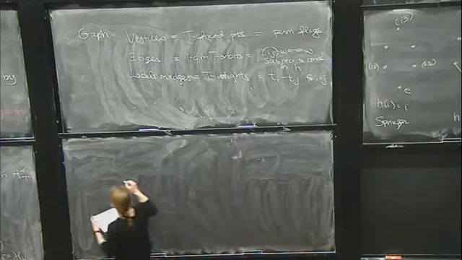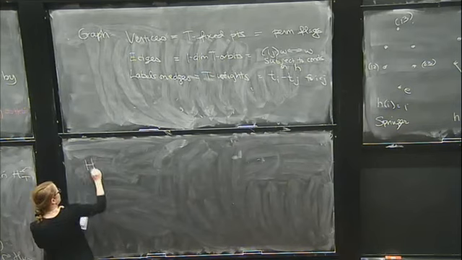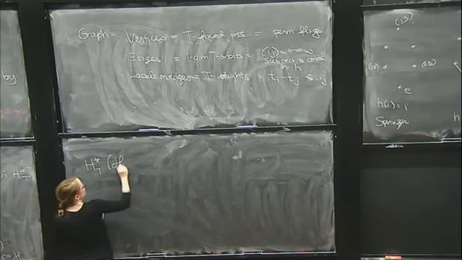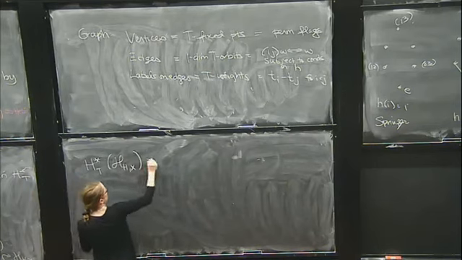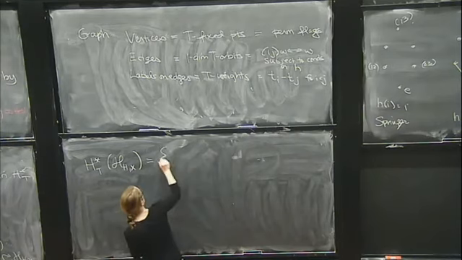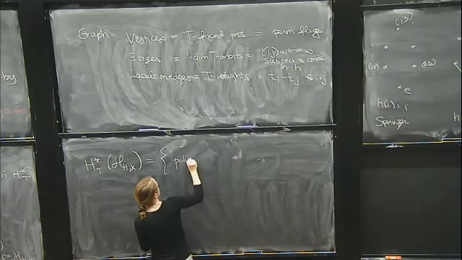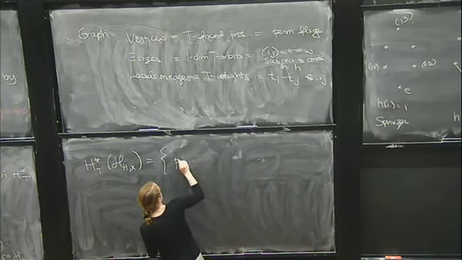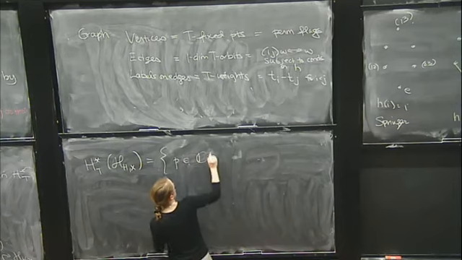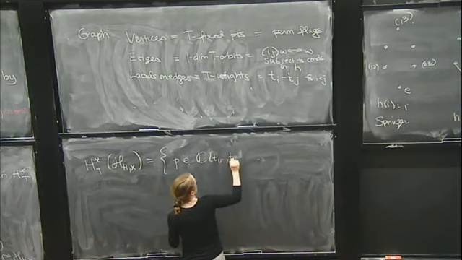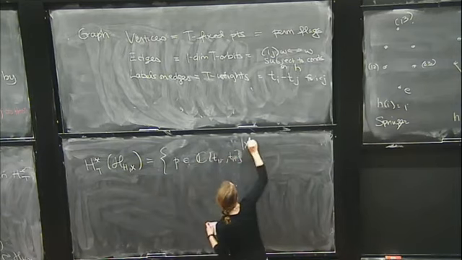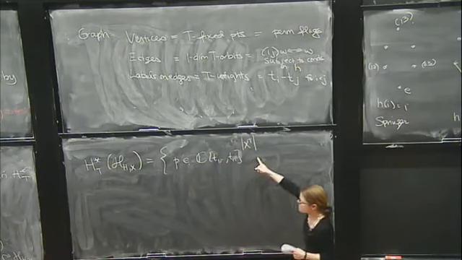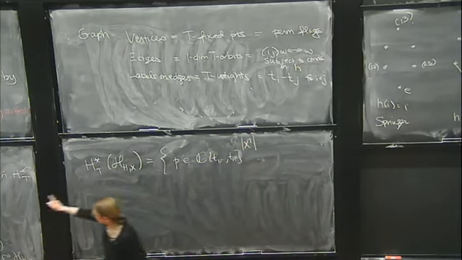So given the graph, a priori, I'm setting aside the equivariant cohomology of a bunch of fixed points.